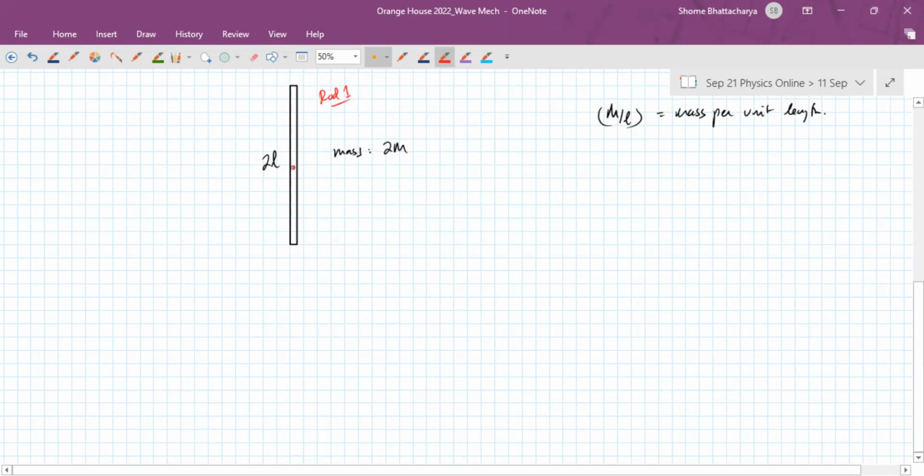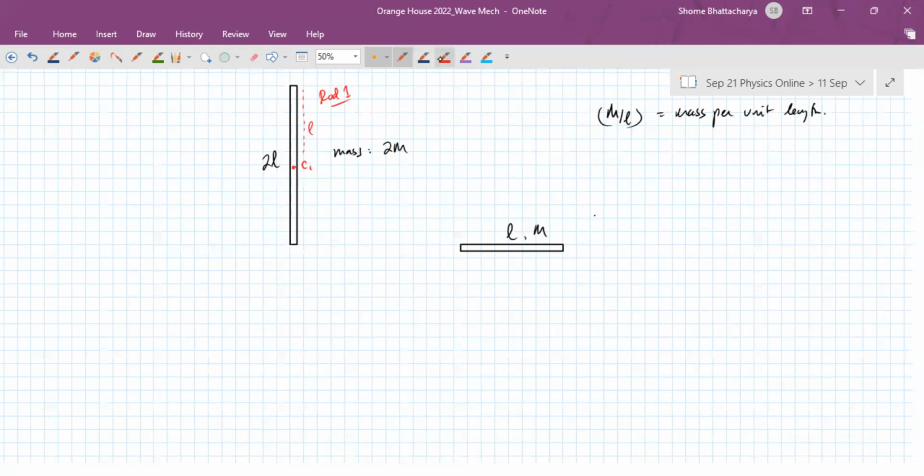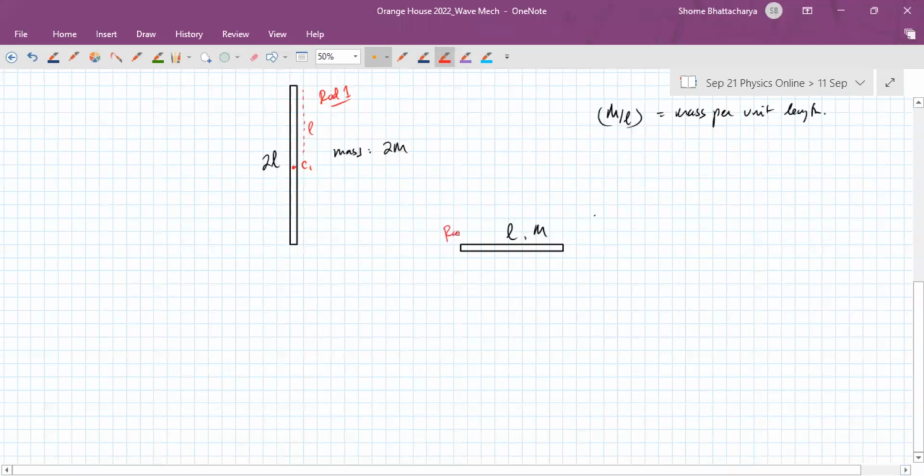Its center of mass is here at a distance L, and the second rod of length L and therefore mass m. So this is rod 2, its center of mass is located here.